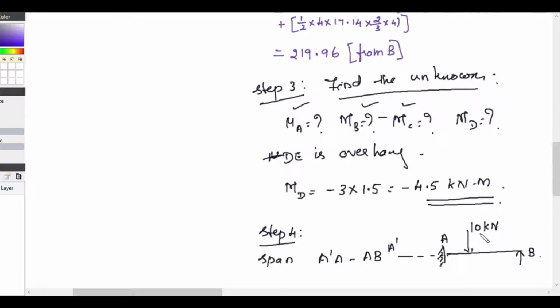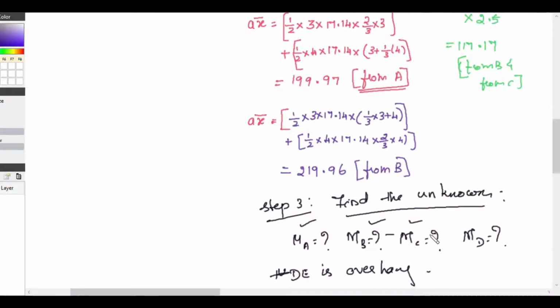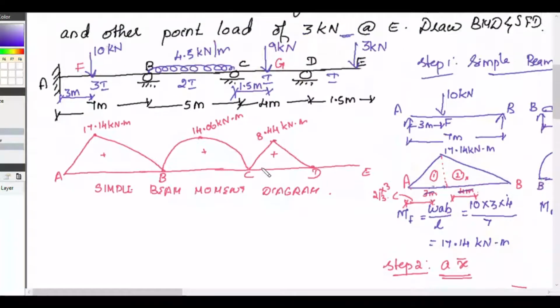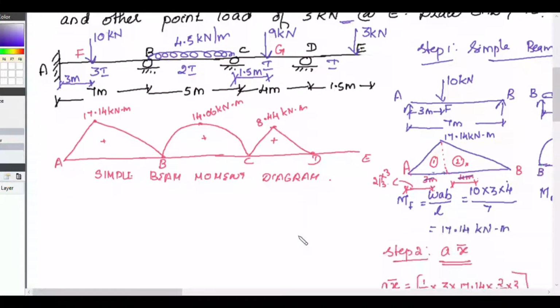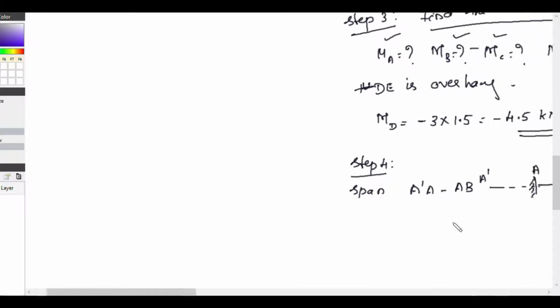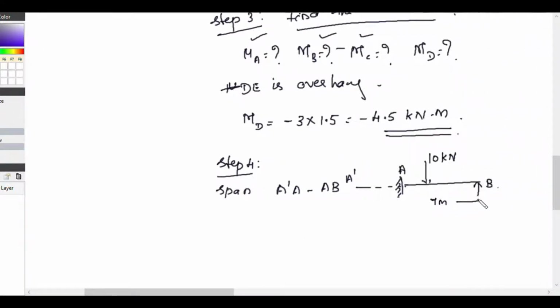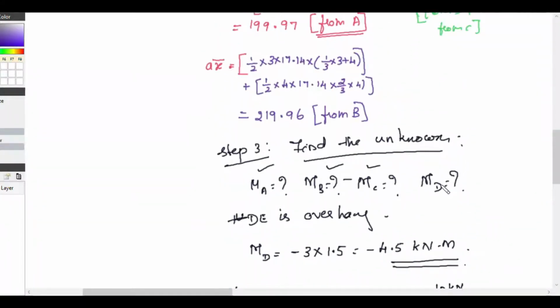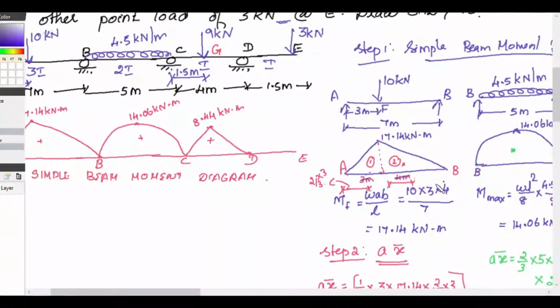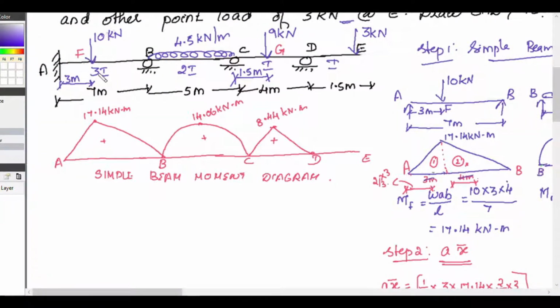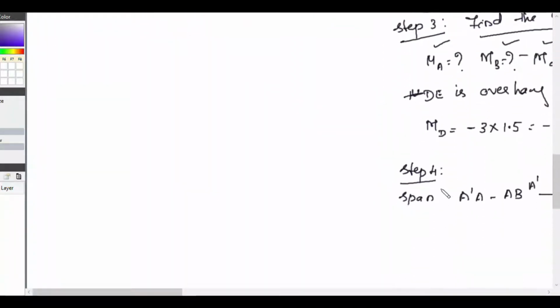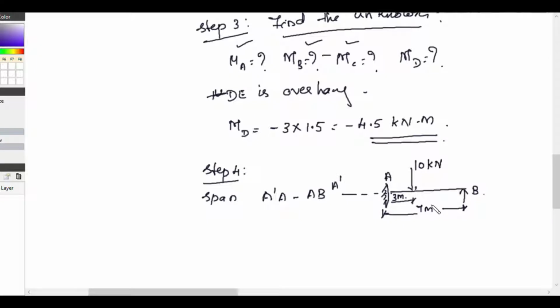The distance AB is 7 meter, so for AB, the span length is 7 meter. The 10 kilonewton load is acting at a distance of 3 meter, and the moment of inertia for the span AB is 3I.